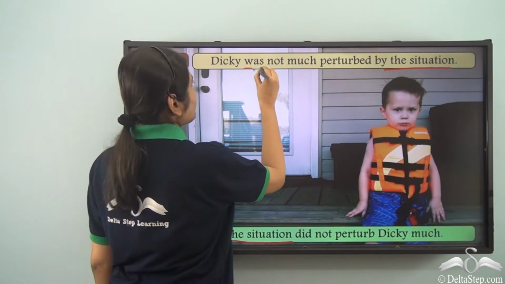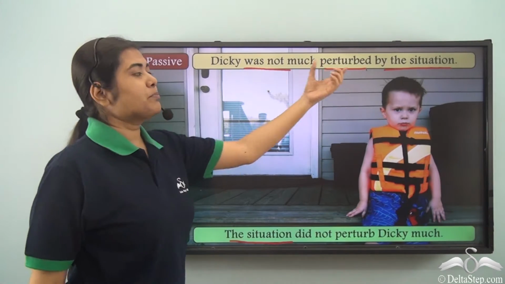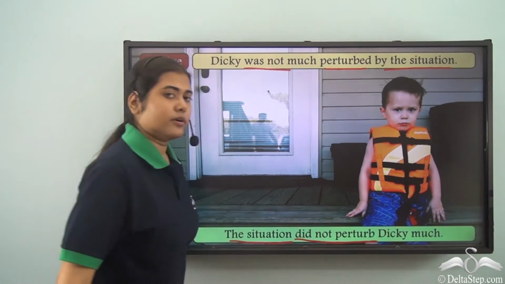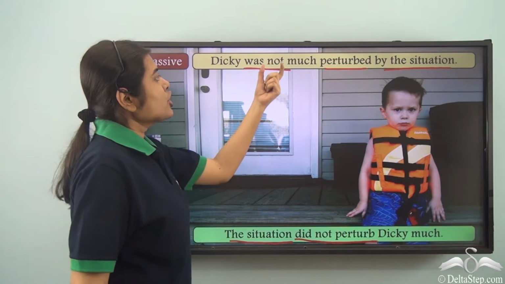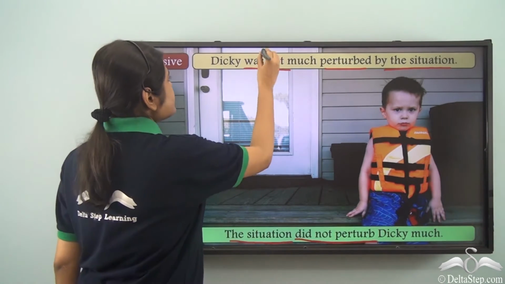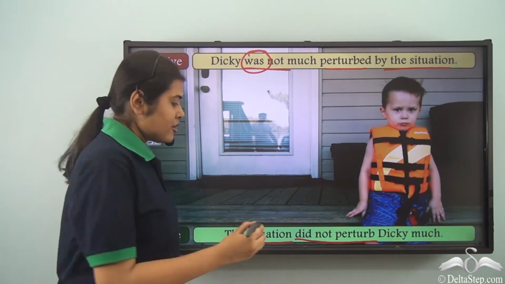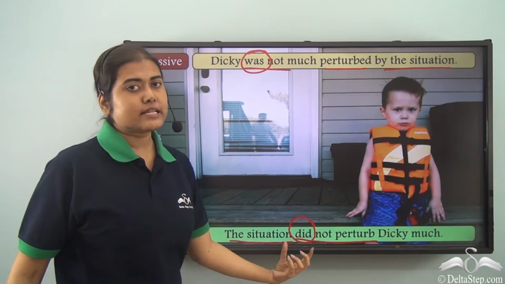Now the verb is was not perturbed. Now was not perturbed turns into did not perturb. Why? Because whenever you have such negative sentences, you will note the use of word do. Now since the be verb is in the past tense, we have used the past tense form of the do verb, which is did.